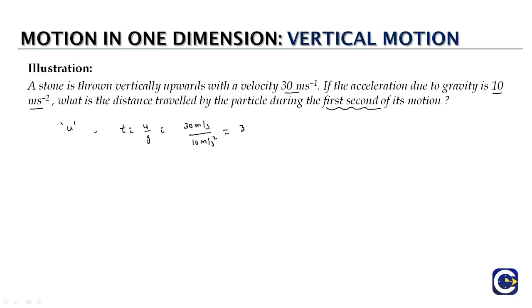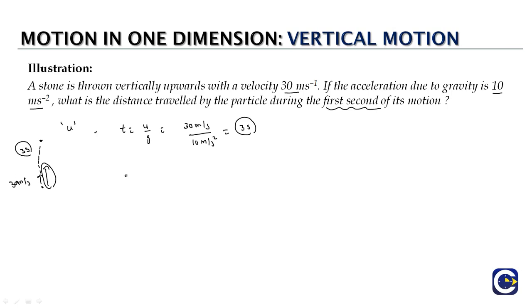So the time is coming as 3 seconds. So if you are throwing an object with a velocity of 30 meters per second, then it reaches the maximum height in 3 seconds. So during the first second of the journey, there will be no change in direction of motion, which means the displacement will be equal to the distance covered, in magnitude.